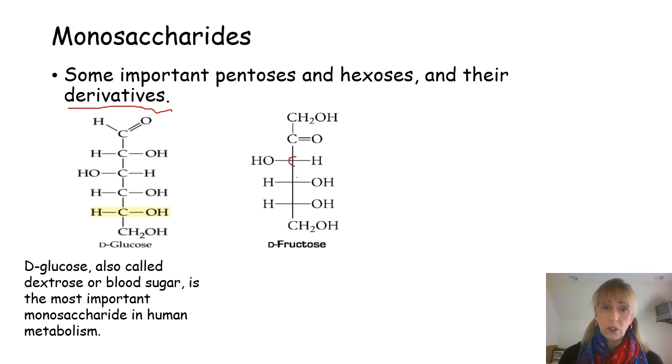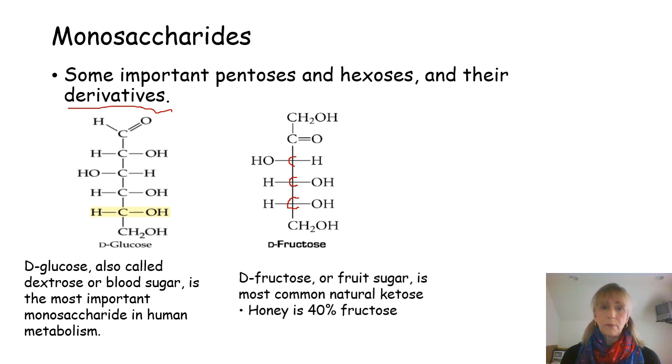They're just not showing it. It is understood. You can always write them in. Again, remember what D means: that OH on the chiral carbon furthest from the carbonyl points to the right.